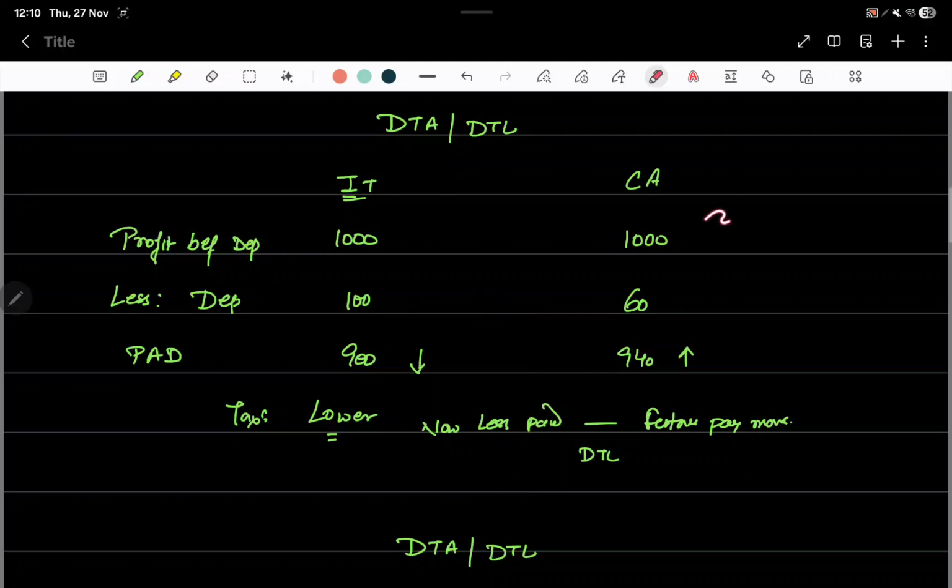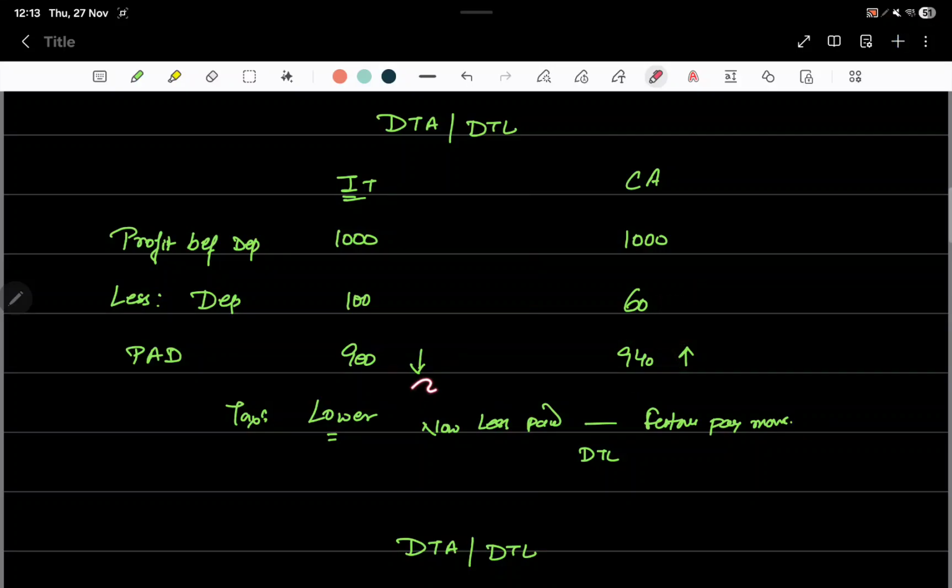But when you calculate based on the Companies Act, the profit is 940, which means the profit is lower under the income tax department but higher under the Companies Act. In simple words, the profit is reduced due to the higher depreciation charged as per the Income Tax Act. Here, the profit is increased because of the lower depreciation charged as per the Companies Act.